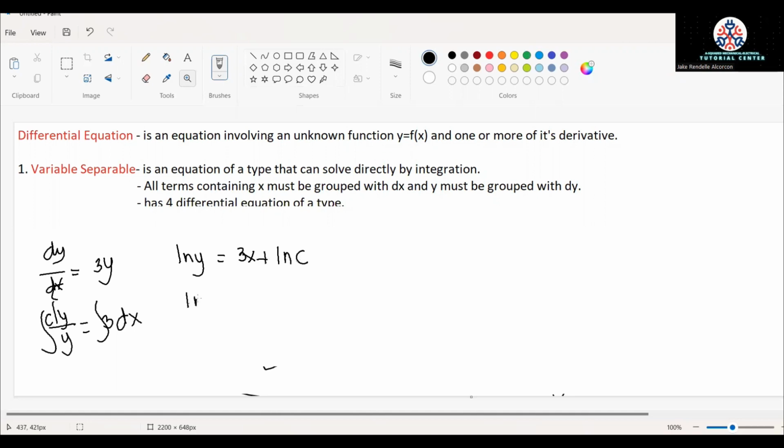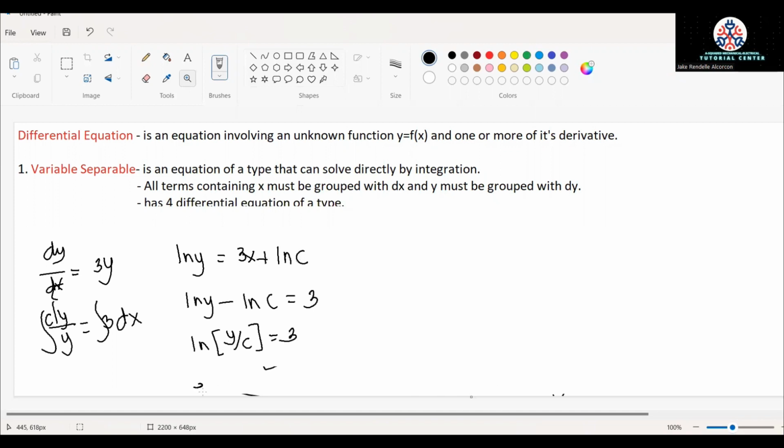Then let's transpose ln c to the left side with ln y. So ln y minus ln c equals 3x. By the law of logarithms, this can be written as ln of y over c equals 3x.